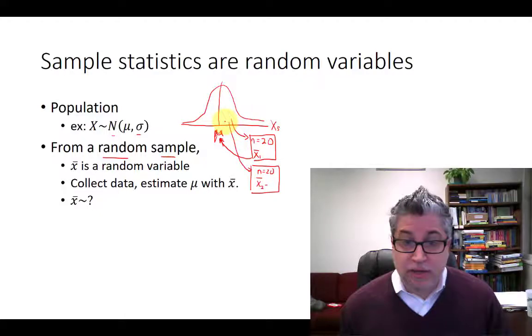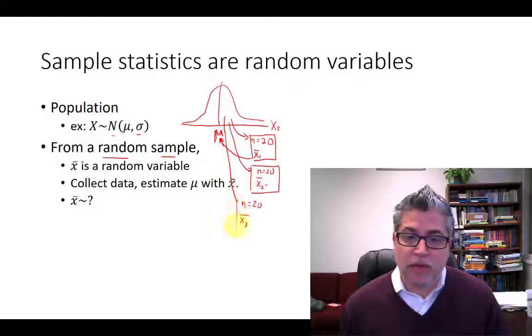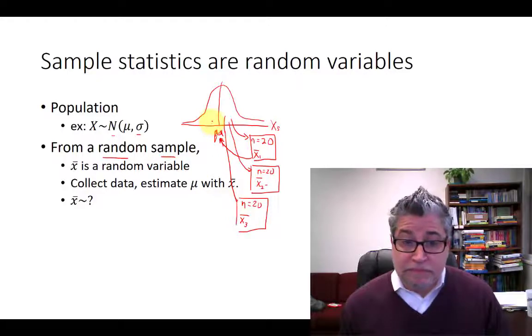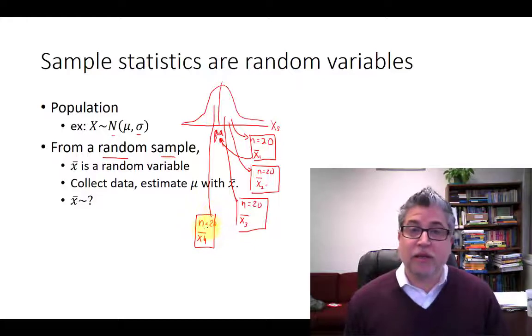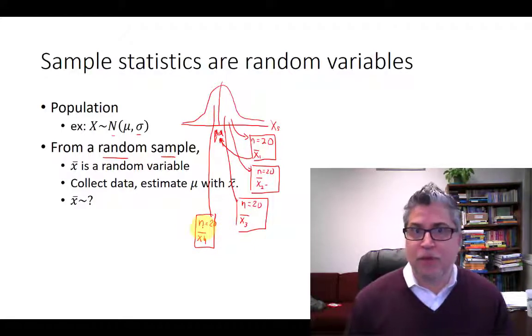And if I asked a third person to go out into the world and collect a sample of 20 people, that person would have his own estimate of mu. And so really, there's almost an infinite number of different ways that we could send researchers out into the world, and they would each calculate their own sample average.